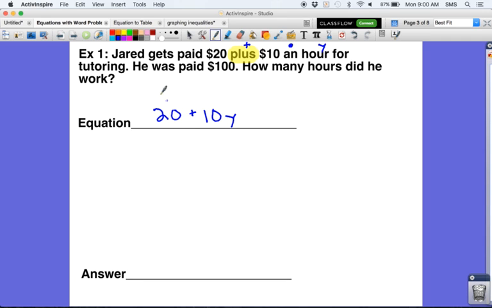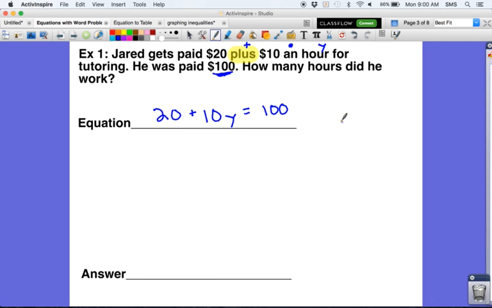So $20 up front plus $10 per hour. We don't know how many hours he works, and we know he makes a total of $100. So this is another key number right here. Now I want to figure out how many hours he works, which is this y attached to my 10.